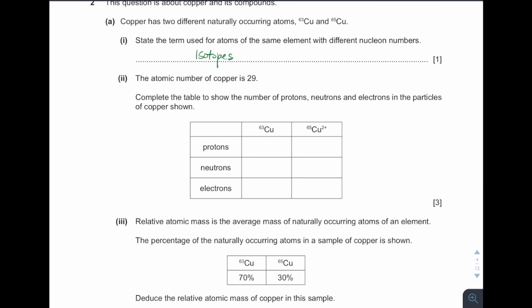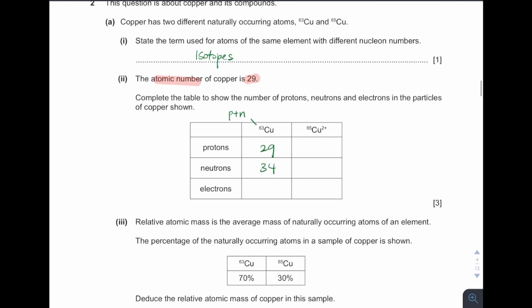Let me see. The number at the top left hand corner is the mass number, which is the sum of protons and neutrons. And given here, the atomic number is the same as the proton number, which is 29. So proton number 29, neutrons, 63 minus 29, you get 34.